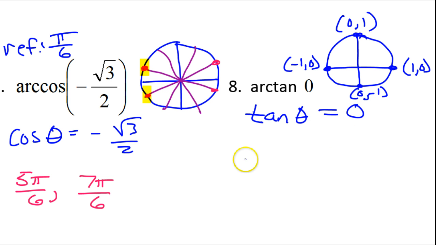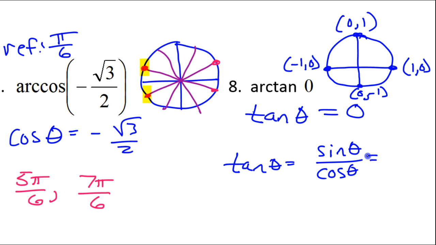Now, remember that tangent is sine over cosine. And remember that sine on the unit circle is a y value, cosine is the x value. So what we're looking for then is a y value divided by an x value that equals 0.